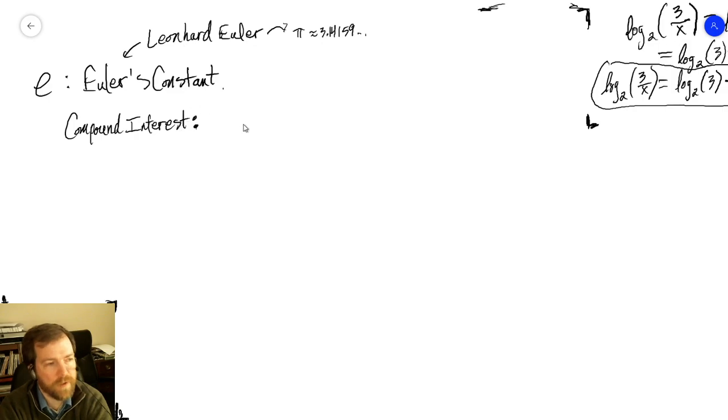So for compound interest, you know what, let's back up then, and let's do this as simple interest first. So background.